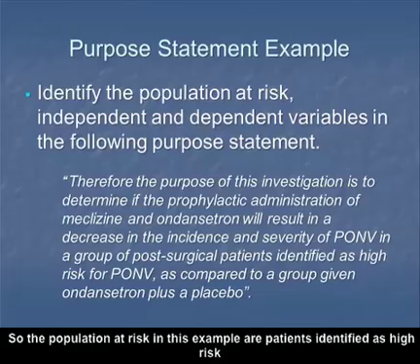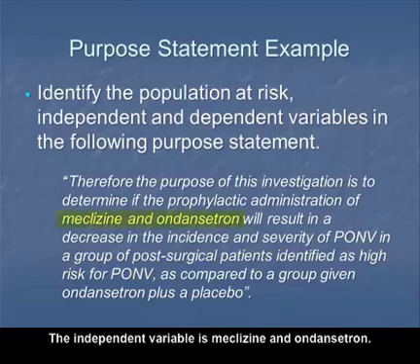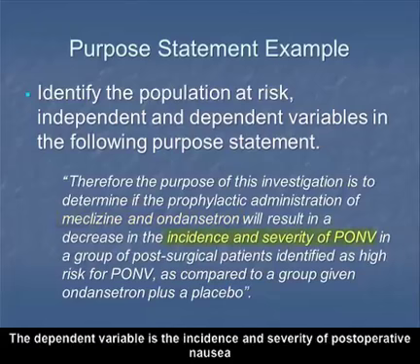So the population at risk in this example are patients identified as high risk for postoperative nausea and vomiting. The independent variable is meclizine and ondansetron, and the dependent variable is the incidence and severity of postoperative nausea and vomiting.